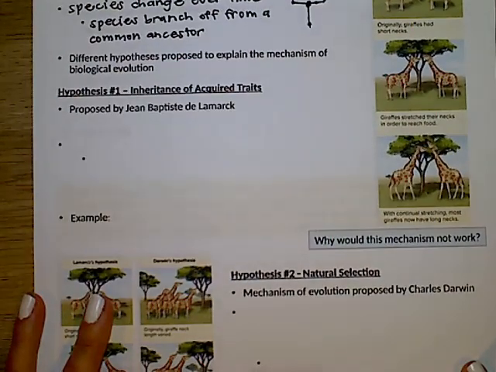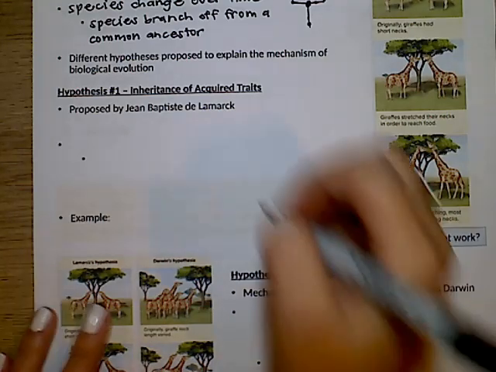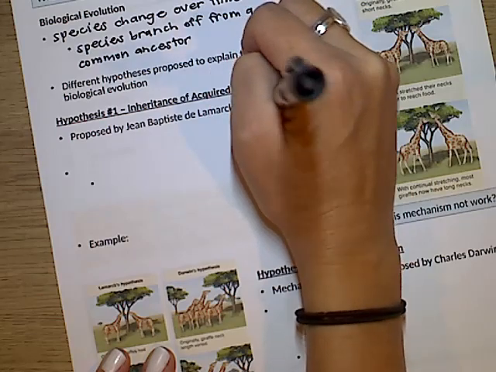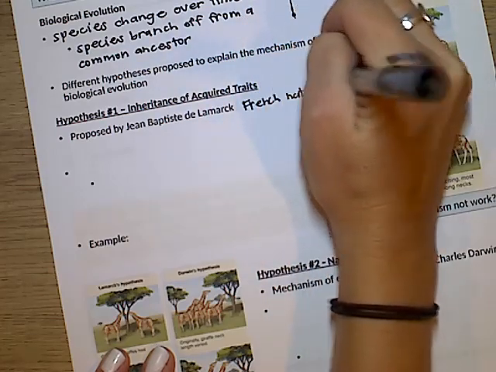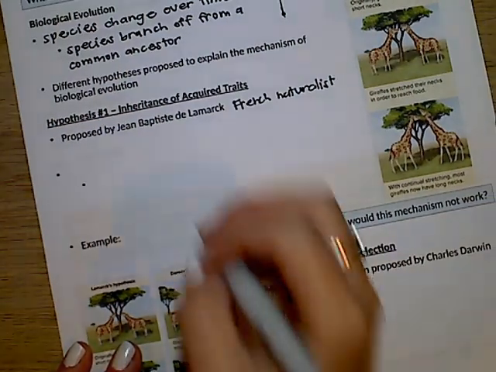Hypothesis 1 was proposed by, excuse my French, Jean-Baptiste de Lamarck, who was a French naturalist. You don't have to write this. This is just information to know. He published a book with his theory in 1801.